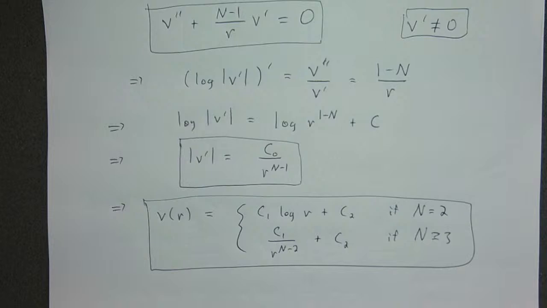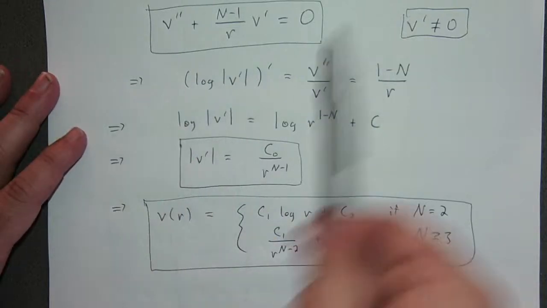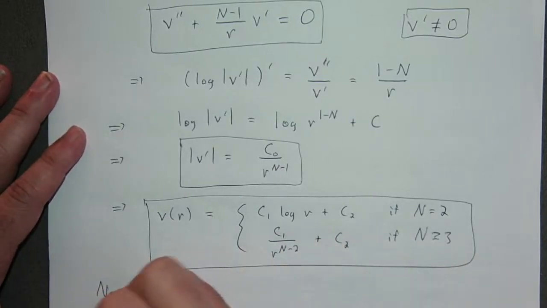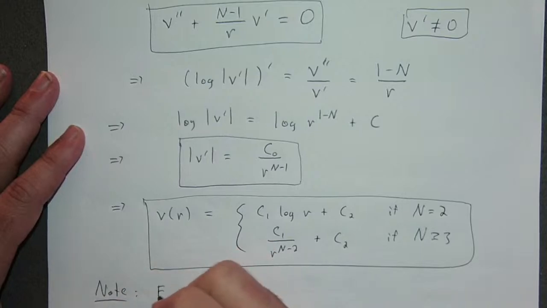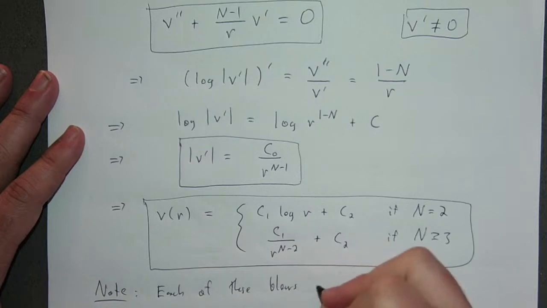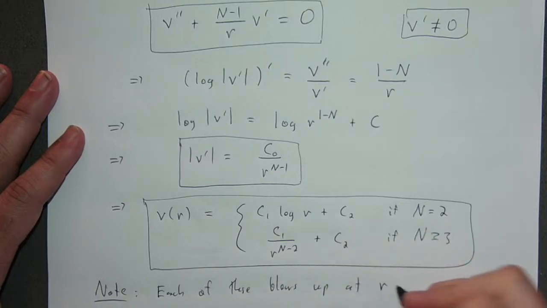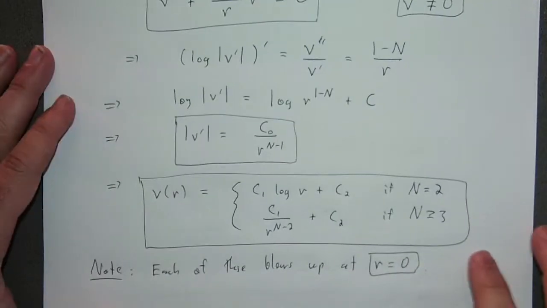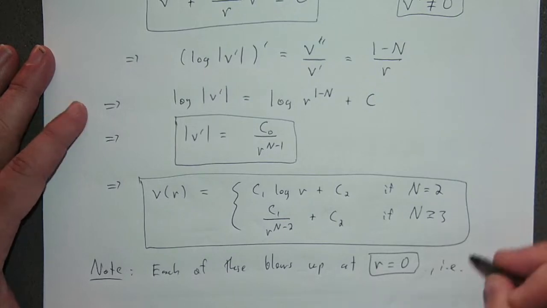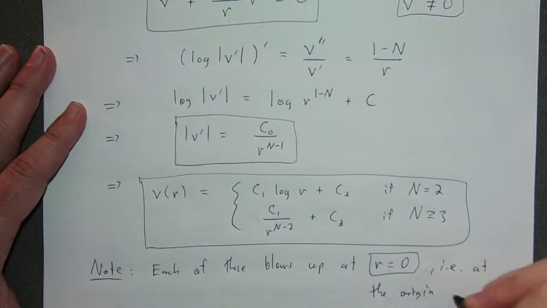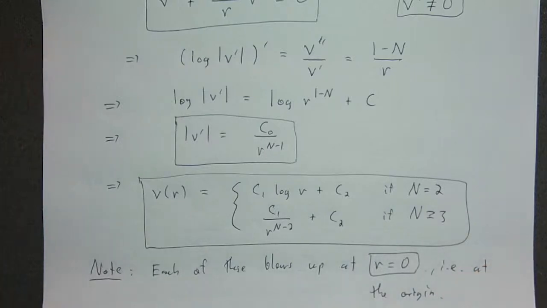Okay, and so apart from those constant solutions that we didn't include, notice that each of these blows up at r equals 0. Well, at r equals 0, that's distance 0 from the origin, i.e. that's the origin.